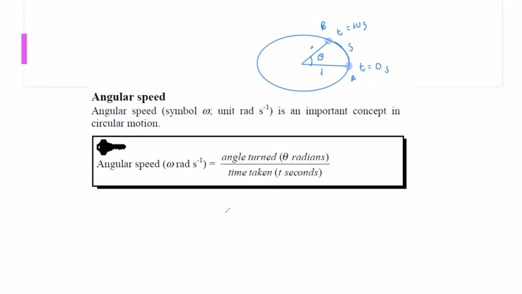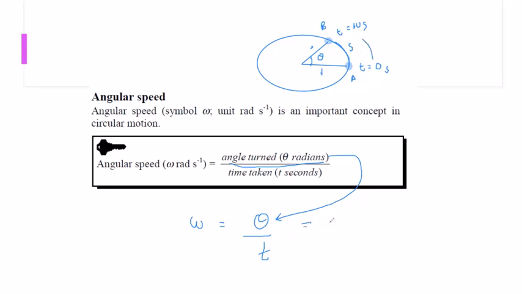So how do we represent this? Omega is denoted by a Greek alphabet. Omega is equal to theta, the angular displacement, divided by time. So the angle turned, that's in radian, we'll substitute, and the time, for example in this case, is 10 seconds.